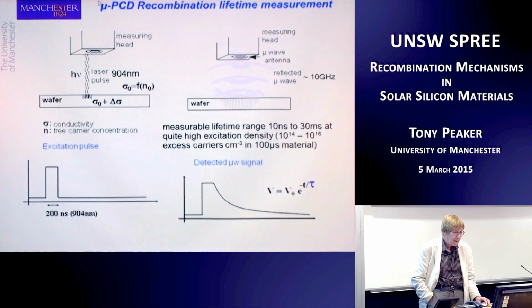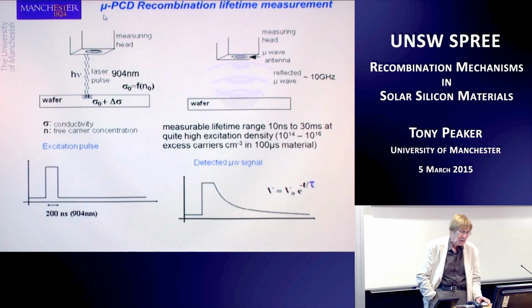We measured the lifetime with a semi-lab machine, a WT2000, which you have one here, but you don't rate it very highly as a method of measuring lifetime for many good reasons. It works in a quite high excitation density regime, usually 10 to the 14 to 10 to the 16.